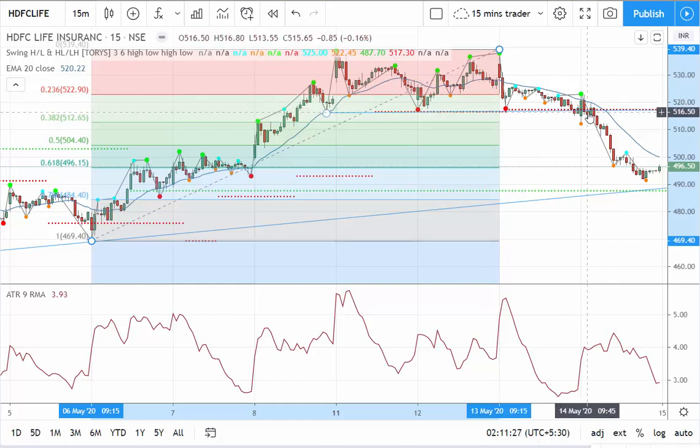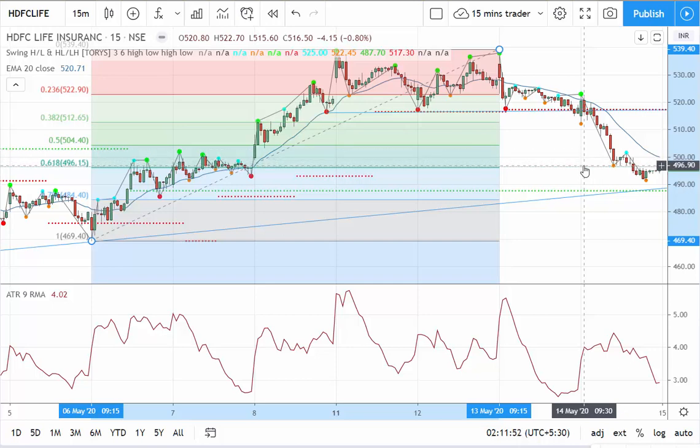Today's high 512, opening low was at 512, and then it comes to 504. This is the reason I booked at 504, and my actual target was 496. But I did not wait for 496, I had sold it. So you can see the bounce happening at 496, first bounce.